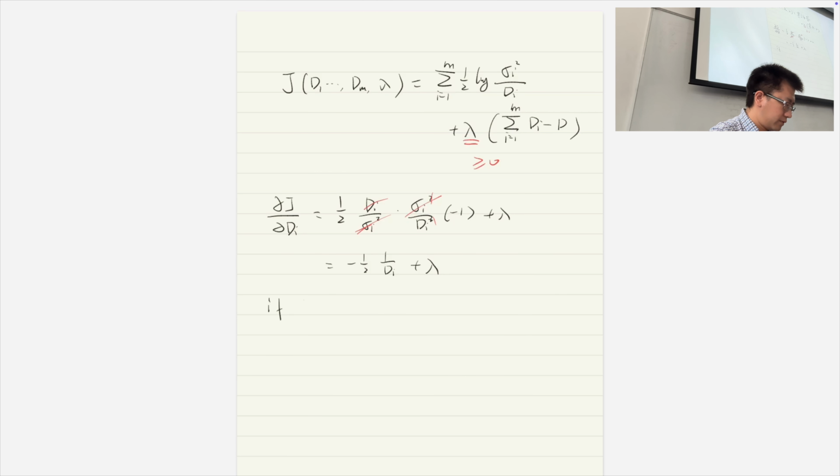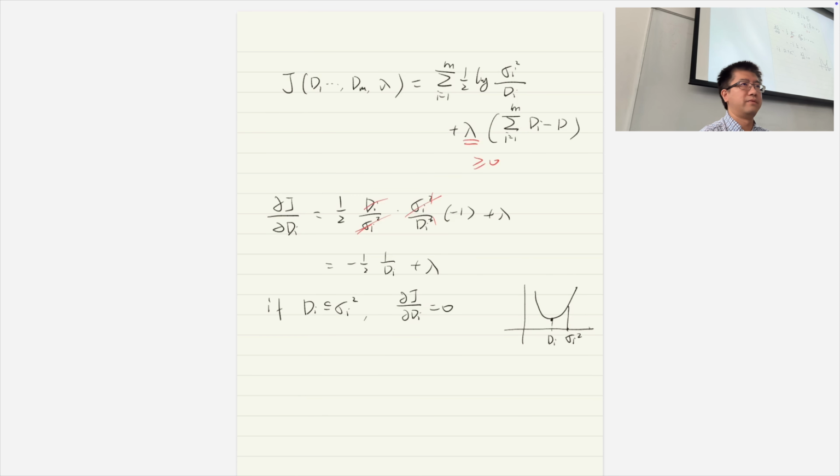Let's say if this is less than this, right? Then we can achieve 0 here. So this basically means that, if you consider a convex function, it'll look something like this, right? Let's say sigma is here, and then whatever di, the optimal value can be achieved.